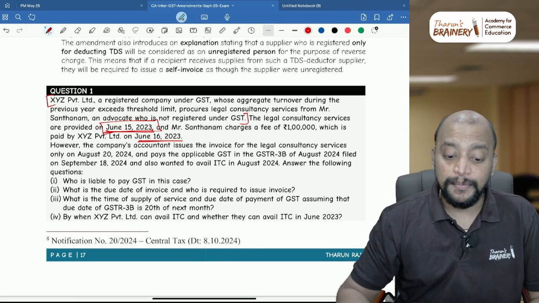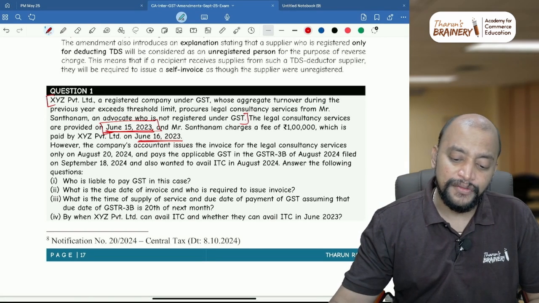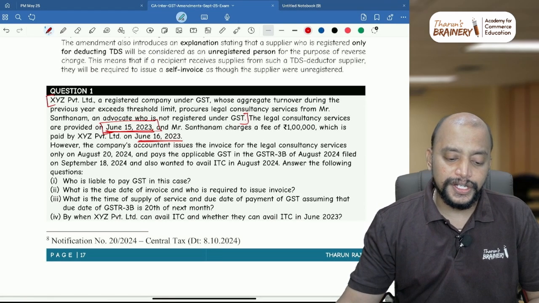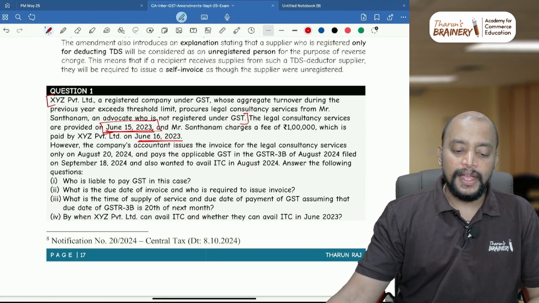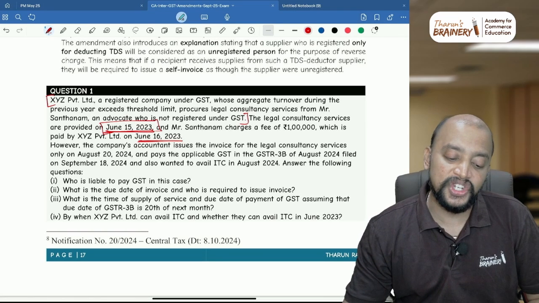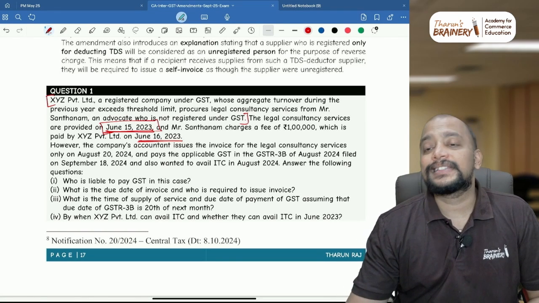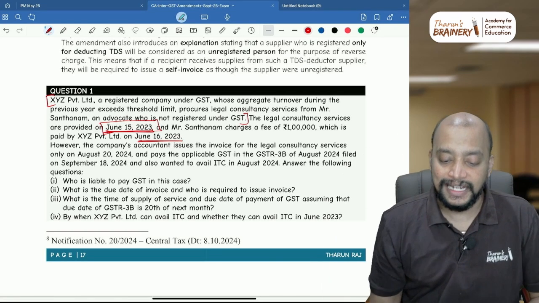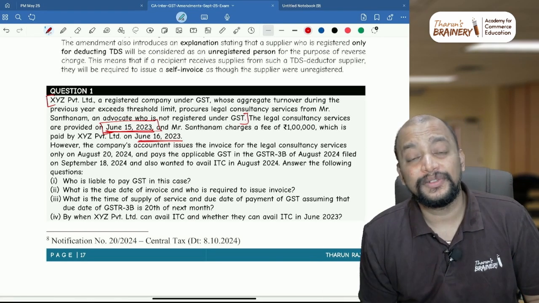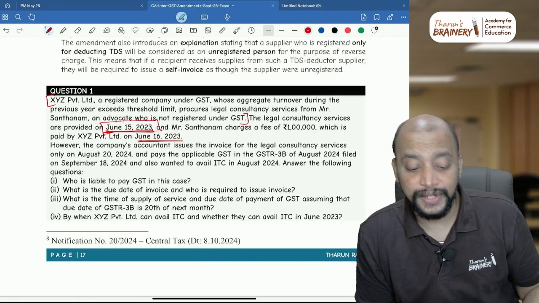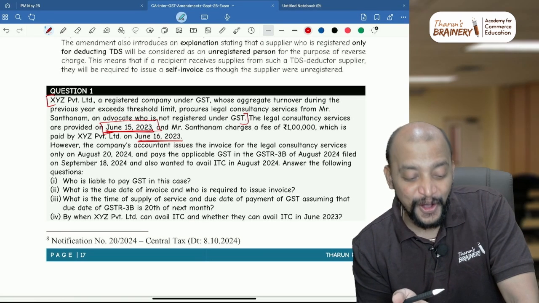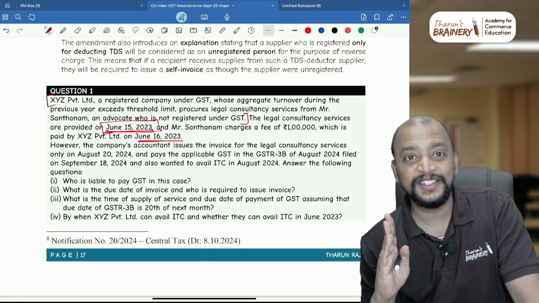Now, however, the company accountant issues the invoice for legal consultancy services only on August 20, 2024 and pays the applicable GST in GSTR 3B of August 2024, filed on September 18. So what are they doing here? What is the accountant doing? Bloody idiot accountant. The accountant is giving the invoice on August 20, 2024.